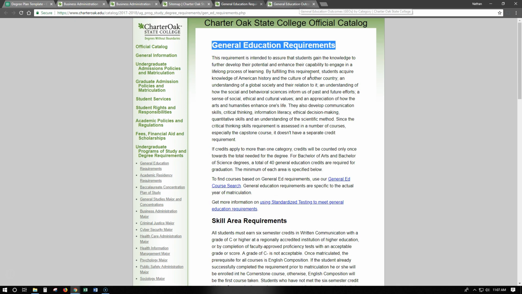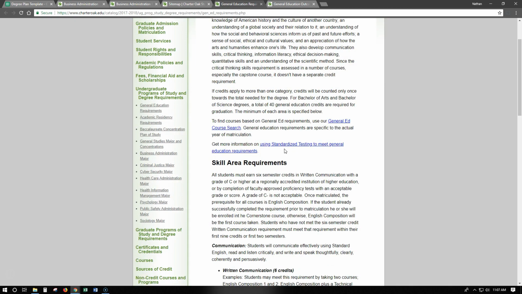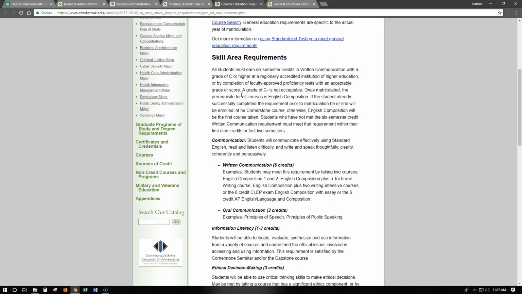And we need the requirements breakdown. Okay, but it's saying, oh, there's this whole other breakdown. It's more than just that we have to pick courses up to 40 credits. There's skill area requirements. So it has all these sub requirements. All students must earn 6 semester hours in written communication with a grade of C or higher.